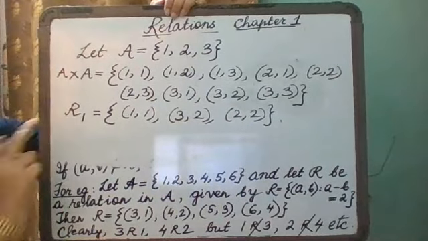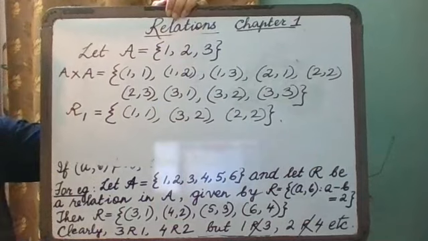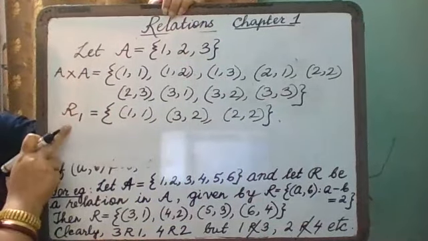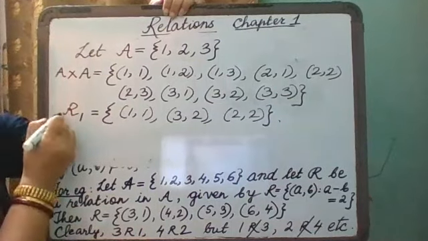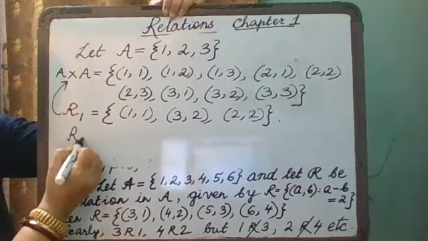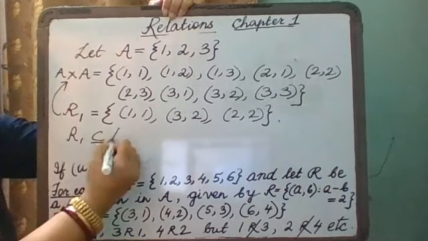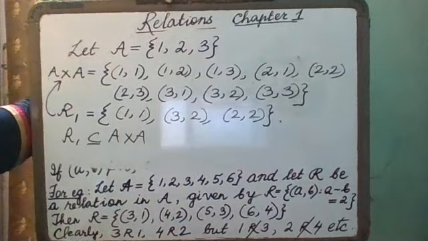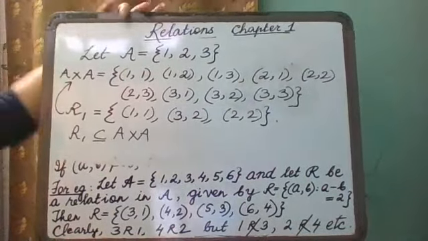Today I am giving an explanation of this. This is a very difficult topic. So R1, what do I observe? R1 is a subset of A cross A. Now what is a subset? Just a recapitulation.